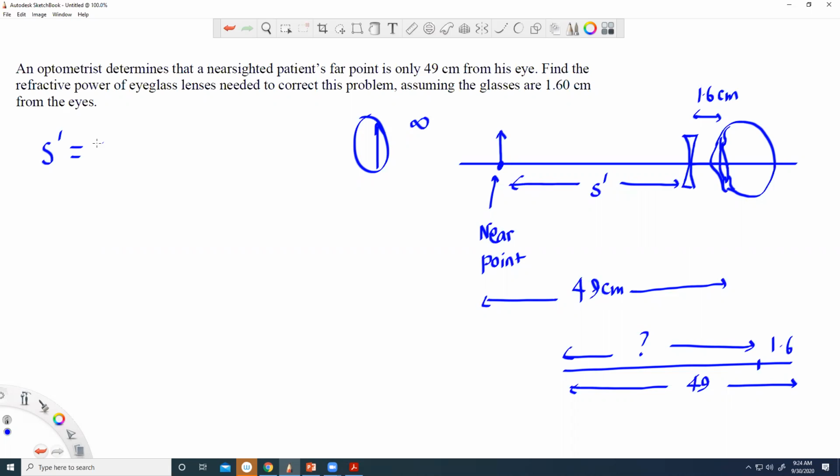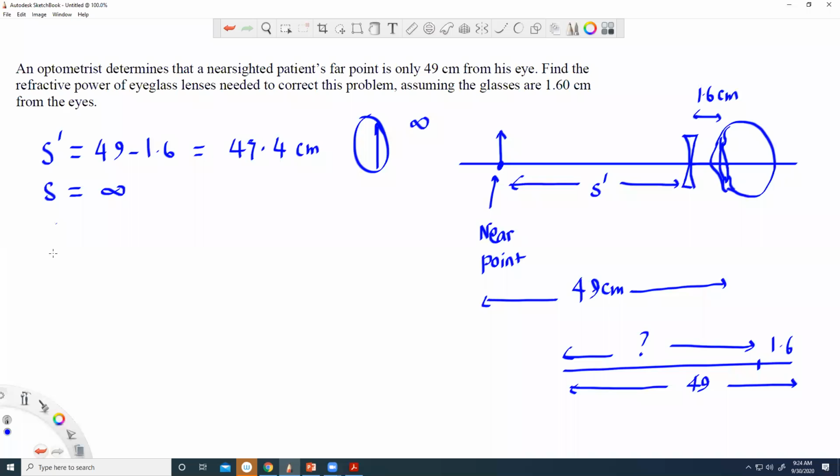So 49 minus 1.6, which is 47.4 centimeters. And the object distance, it's at infinity. It's far away from your eye, because you want to see the object at infinity.